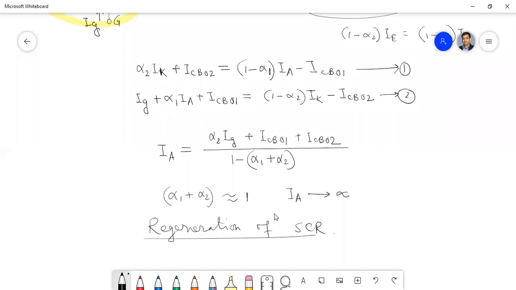Once the SCR becomes turned on due to this regeneration, you can withdraw or reduce your gate signal, because automatically these two transistors will help each other to remain turned on.